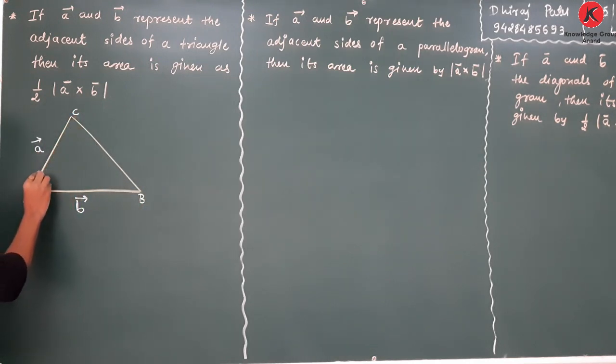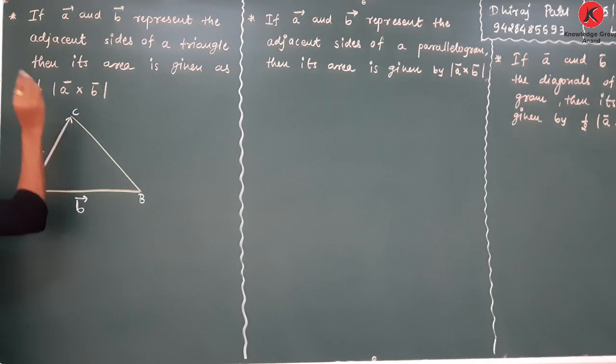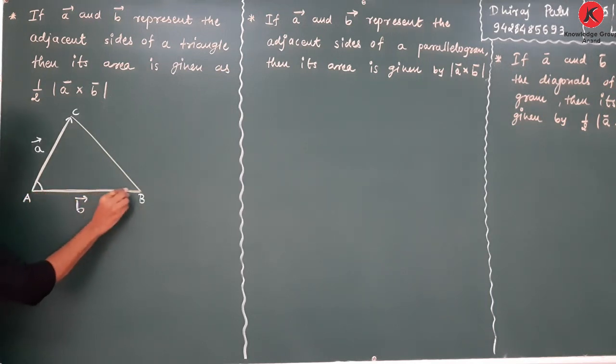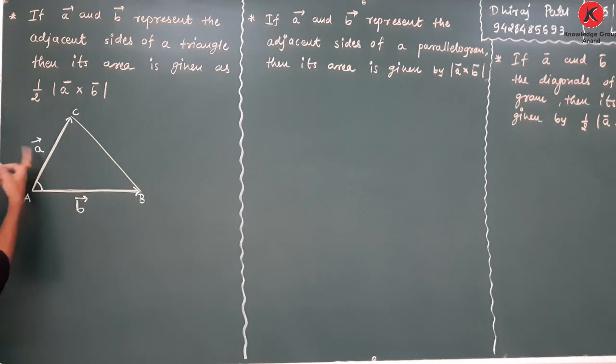Here vector A means vector AC, and vector B is vector AB. Now you can name it AB, no issue. Just remember they are the vectors of two adjacent sides. Right? The two adjacent vectors of the triangle are there. This is the angle between them, theta.